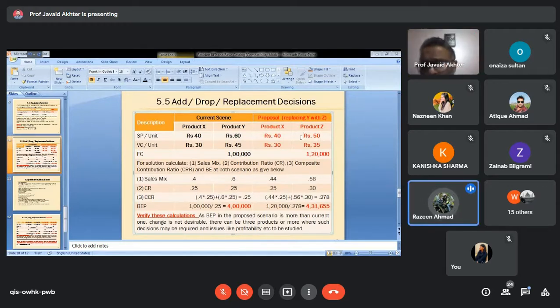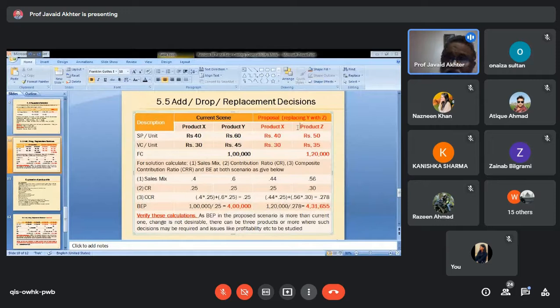So why is it increasing on replacement? Why is the fixed cost increasing? Correct. There is another answer for this. You are making X and Y products. Now you are dropping Y and instead producing Z. So naturally, if it is a different product, even if there is slight difference, certain additional expenses will be required.